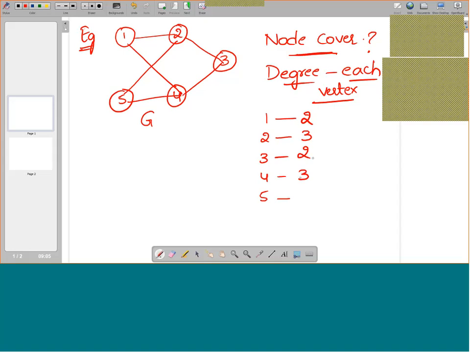And for 5 it is 2, good. All of you check once now. If you are following carefully, then the problem is easy. Here the left side is the vertex, the right side is the degree.